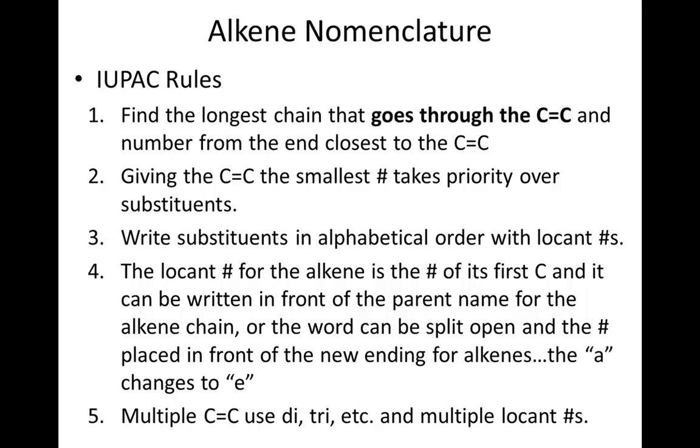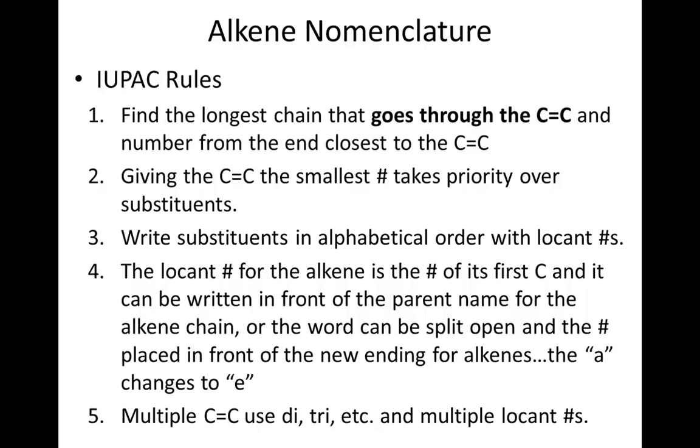But basically the rules of nomenclature are going to follow the oxidation level of the carbon. So alkenes are going to take priority over alkanes because the alkene carbons are in a higher oxidation state, as we discussed earlier. So the double bond is going to be part of the longest chain that you can find.